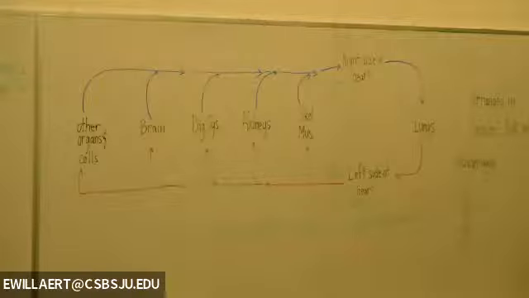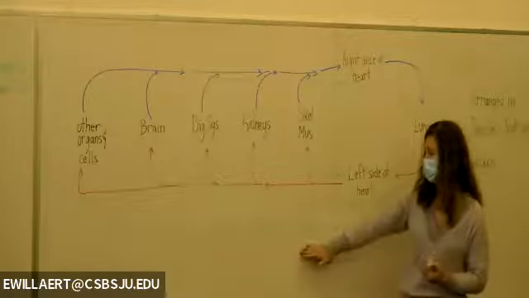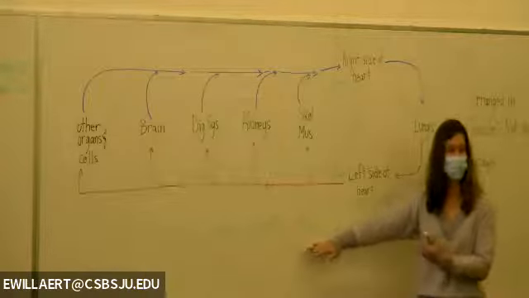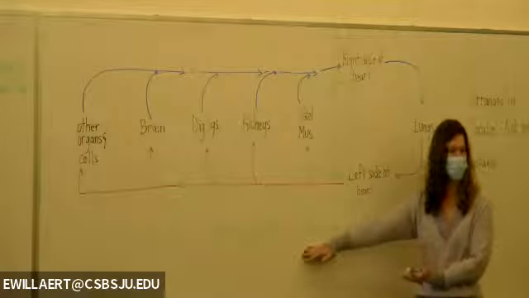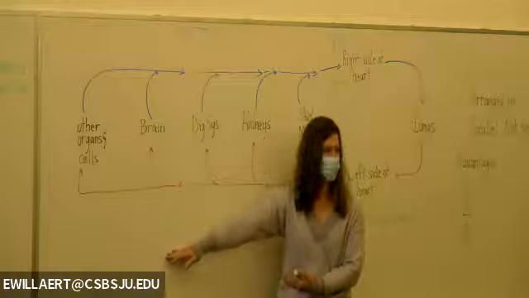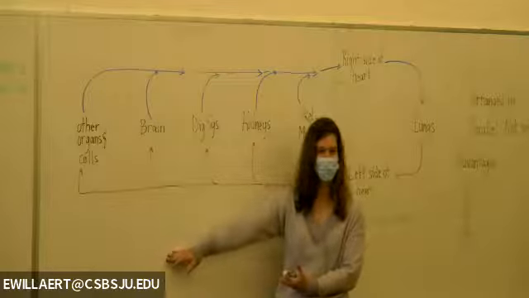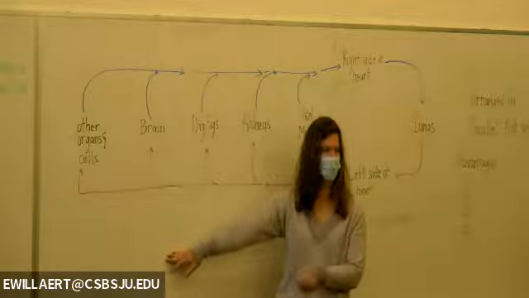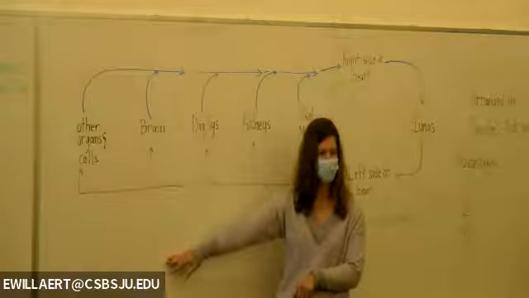Yeah. You could run out of oxygen. If we're running a race, maybe our skeletal muscles are taking a lot of the oxygen out of the blood. And by the time it got to our kidneys, what would happen to the concentration of oxygen in the blood? It would be low or high? Really low, right?